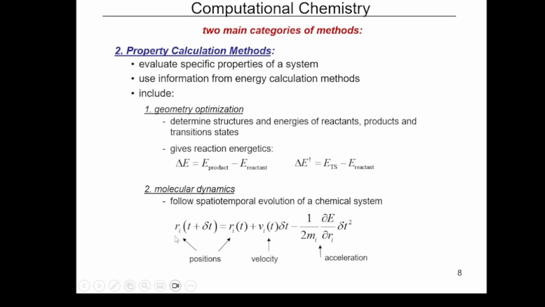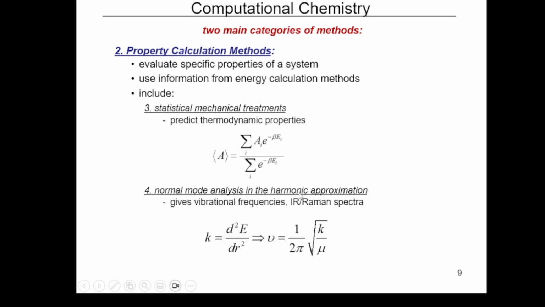This part here, Ri(t plus delta t), is going to give you the position at a certain time. But this part here is going to give you the position at the start. Now it's going to take contribution from velocity and also from acceleration. And based on velocity and acceleration, it's going to determine what will be the final position of the system.